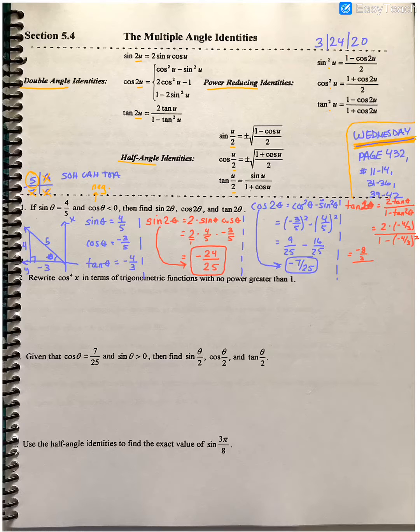So 9/9 minus 16/9 is negative 7/9. So I now have negative 8/3 divided by negative 7/9. Remember, to divide fractions, we multiply by the reciprocal, or keep, change, flip. So negative 8/3 times negative 9/7.